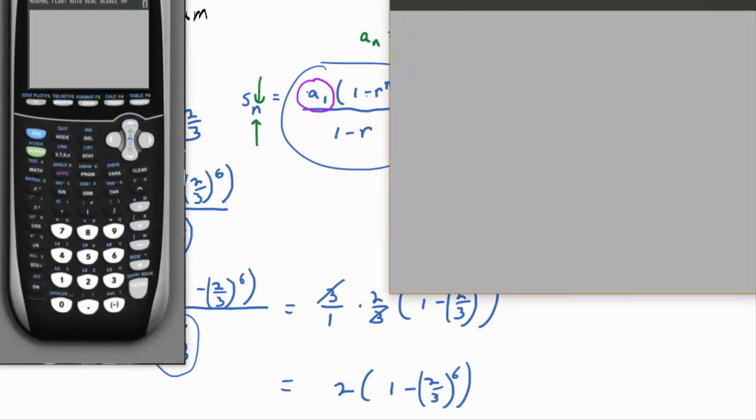So let's break out the calculators. Okay, so I'm going to plug this guy in my calculator. 2, left parenthesis, right above the 8 on the keypad. And then 1 minus, okay, parentheses. In parentheses, put 2 divided by 3. And then the exponent is that little button right there.